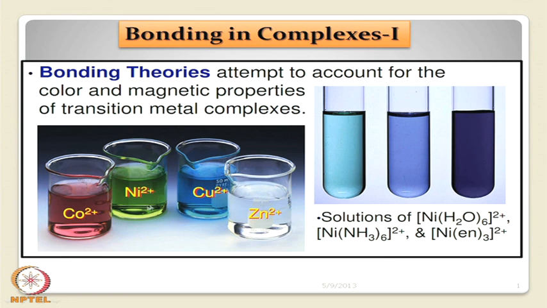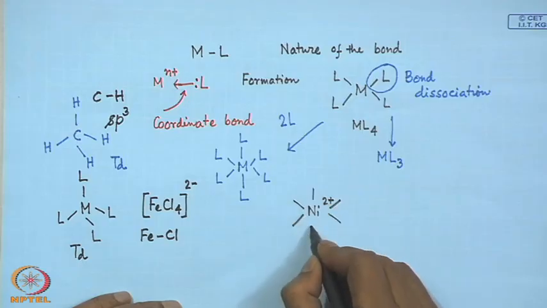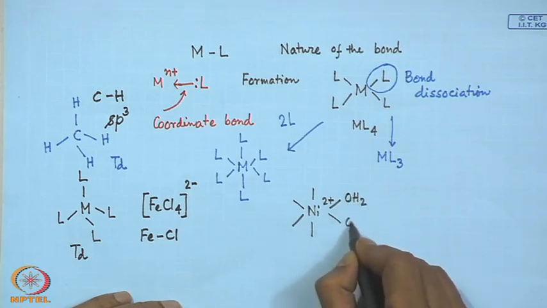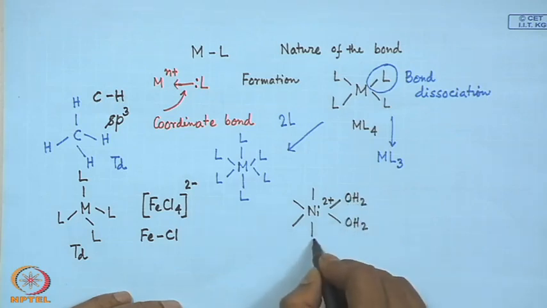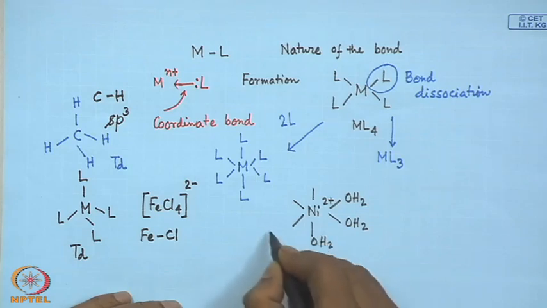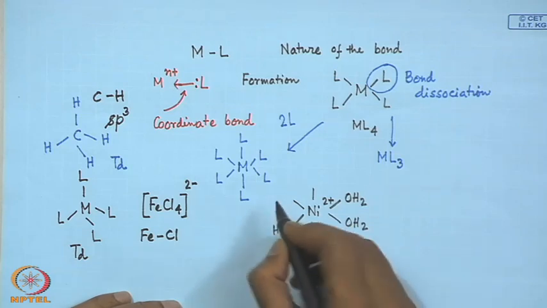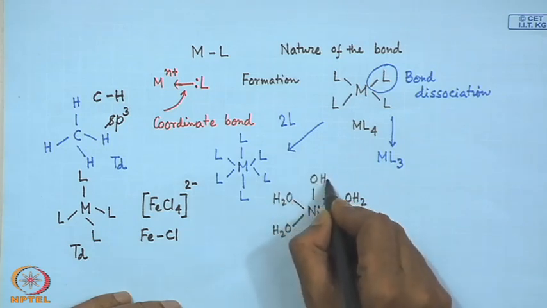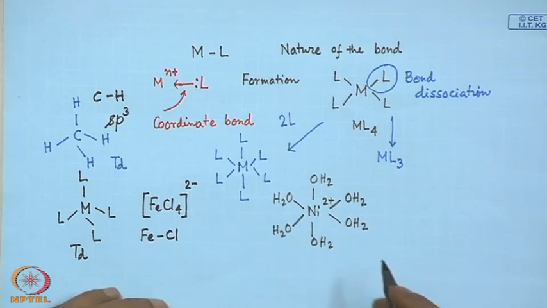So, in all these cases we know that whenever we dissolve any nickel salt in water, the preference for that nickel center is that it will immediately bind water molecules taken from the medium, and they are the ligands in the metal complex, that hexa-aqua complex.